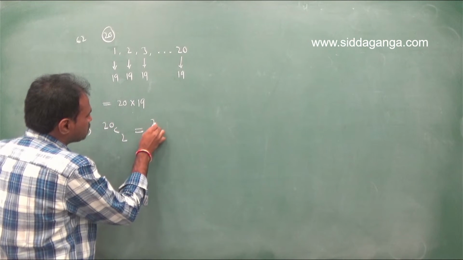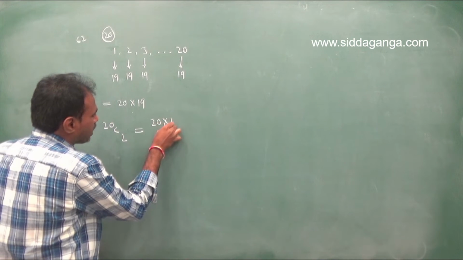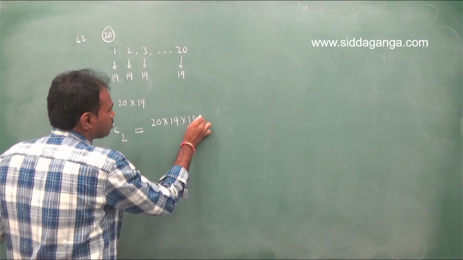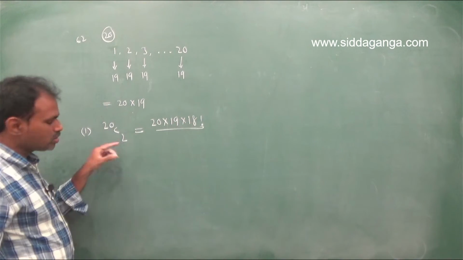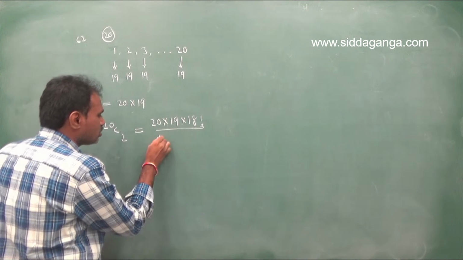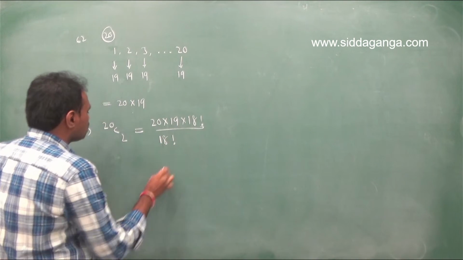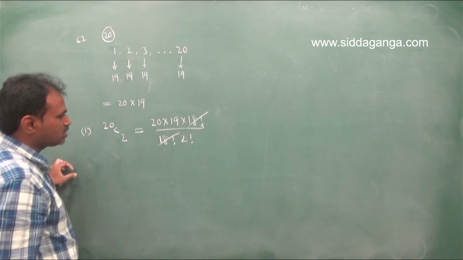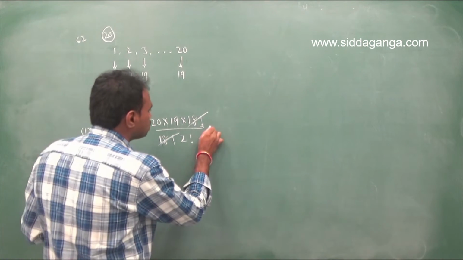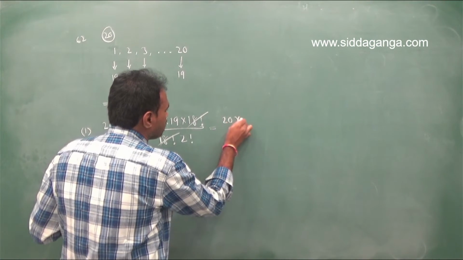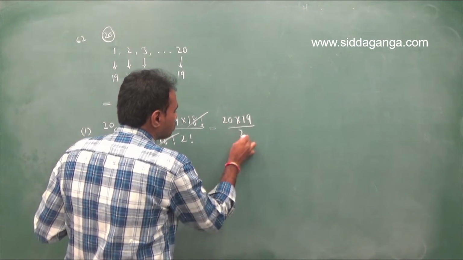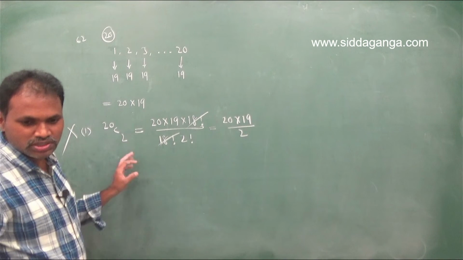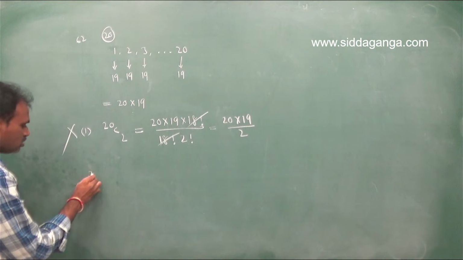That is 20C2 means 20 into 19 into 18 factorial divided by 18 factorial into 2 factorial, 18 factorial cancel. Therefore, answer is 20 into 19 by 2. Therefore, first option is wrong.